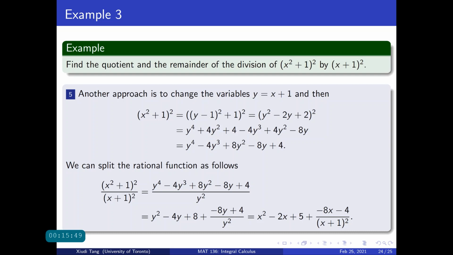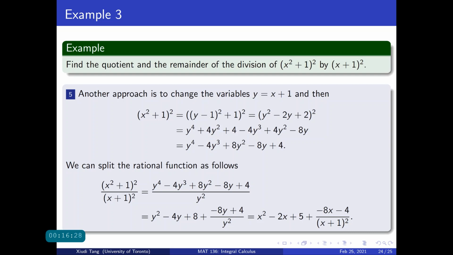So here we have avoided the long division, but at the cost of changing the variables twice. Depending on your preference, if you want to integrate this rational function, the advantage of this method is that you do not have to change the variables back after you get the second to last step, because it's even easier to integrate in terms of y.